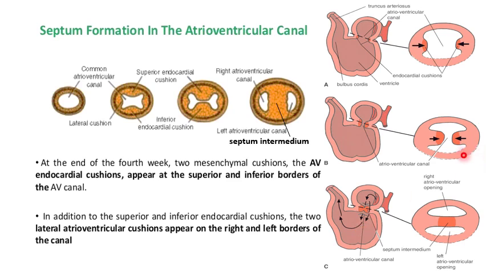So with the formation of the septum intermedium, the atrioventricular common canal now is divided into right atrioventricular canal and the left atrioventricular canal.